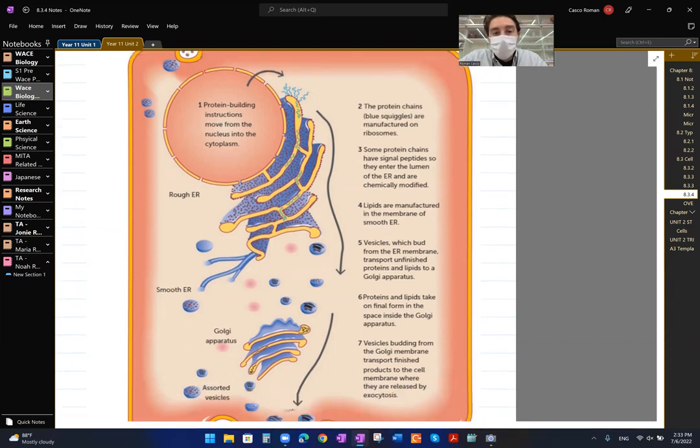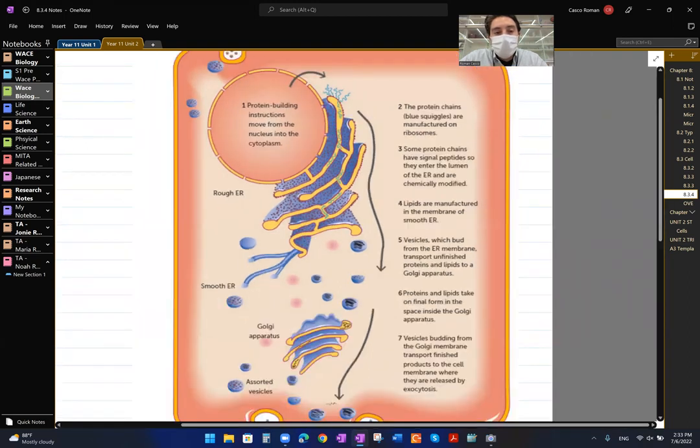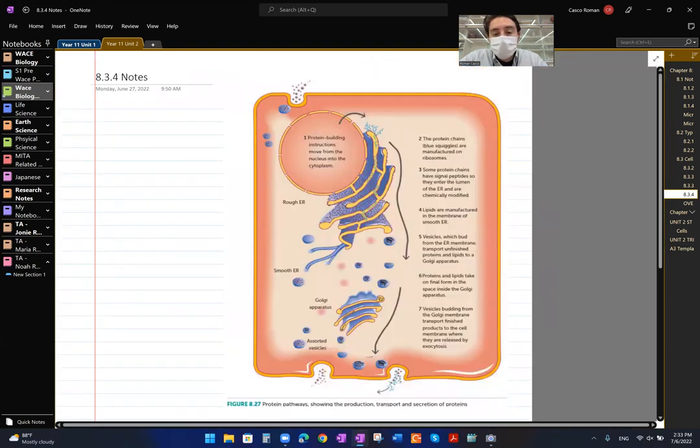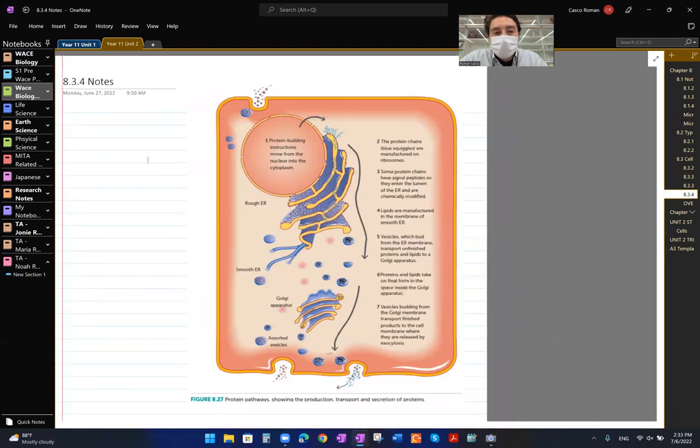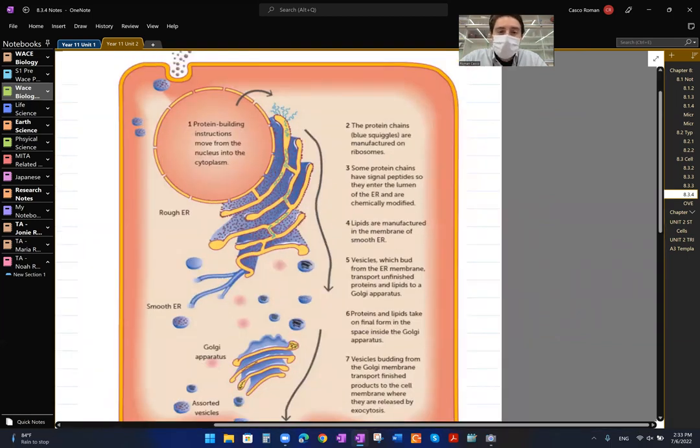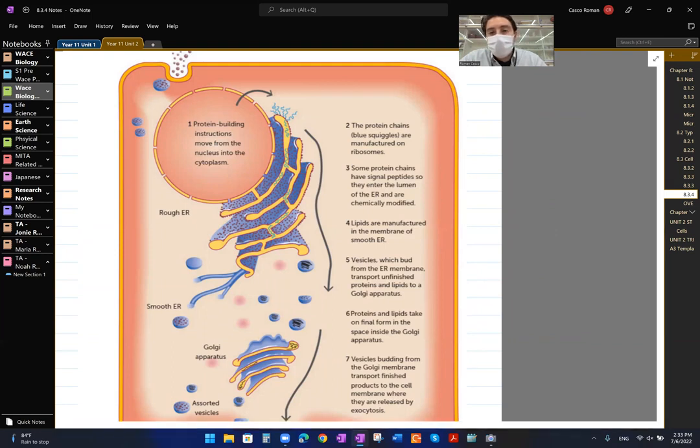If you see step number 1 here, the proteins are getting the building instructions from the DNA. And if you remember from last year, term 1, we talked about RNA synthesis, DNA synthesis, transcription, translation. That's essentially what's going on here. You will not learn that right now, but we will see that in the future, right?